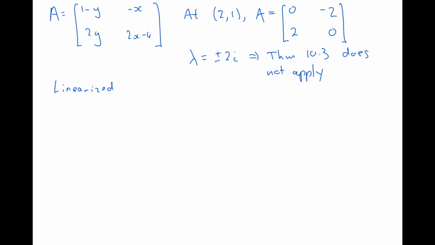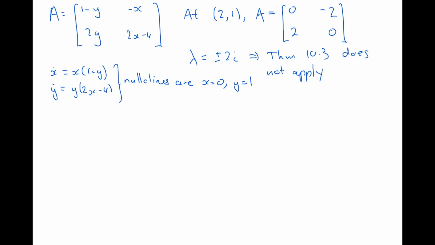So what could I do instead? Well, I could try and have a look at the nullclines. Well, remember that x dot was x(1 minus y), and y dot was y(2x minus 4). Well, that means the nullclines, when x(1 minus y) is 0, you get x equals 0, y equals 1.